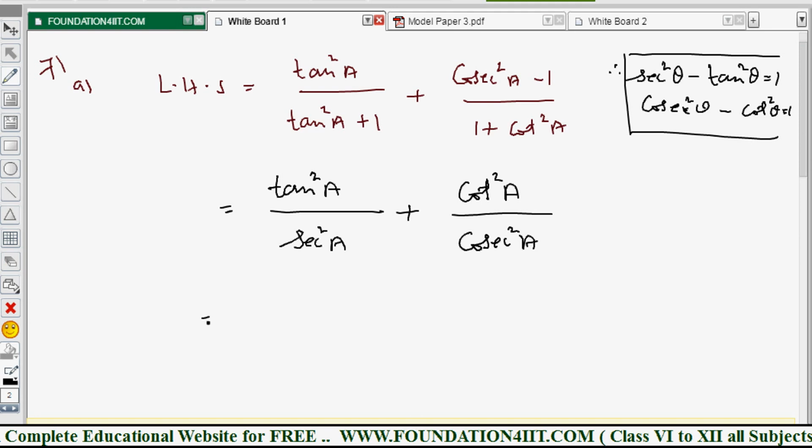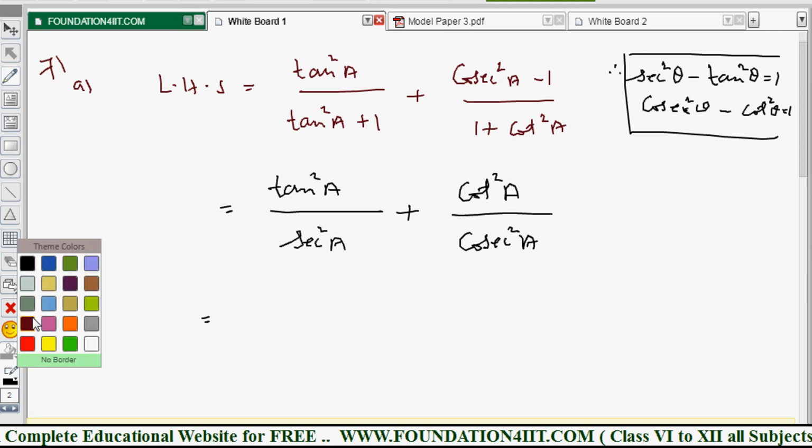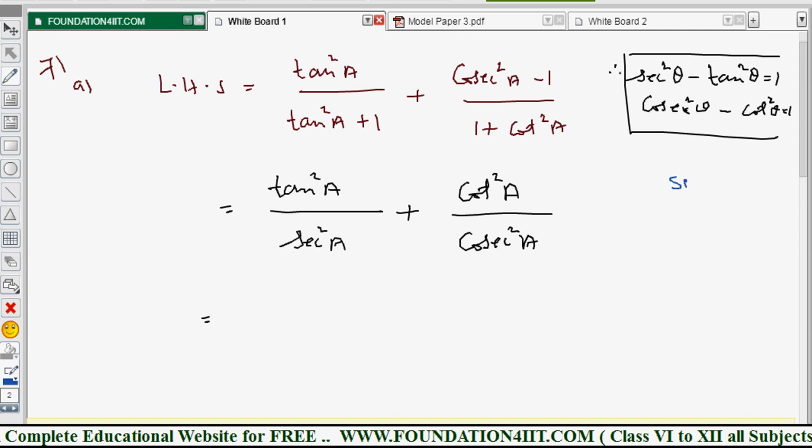And just see here again, sin theta by cos theta is tan, and 1 by cos is sec. Sin by cos is tan, and reciprocals, sec reciprocal is cos, cosec reciprocal is sin. That formula also will apply.